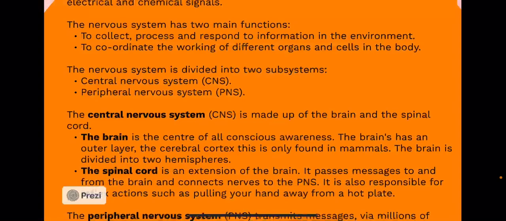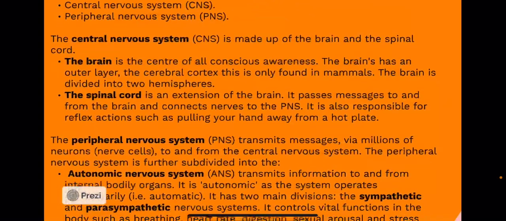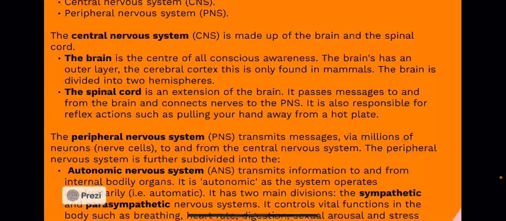The central nervous system is made up of the brain and the spinal cord. The brain is the centre of all conscious awareness. The brain has an outer layer, the cerebral cortex, and this is only found in mammals. The brain is divided into two hemispheres, and we'll go into that in a little more detail when we look at hemispheric lateralization. The spinal cord is an extension of the brain.